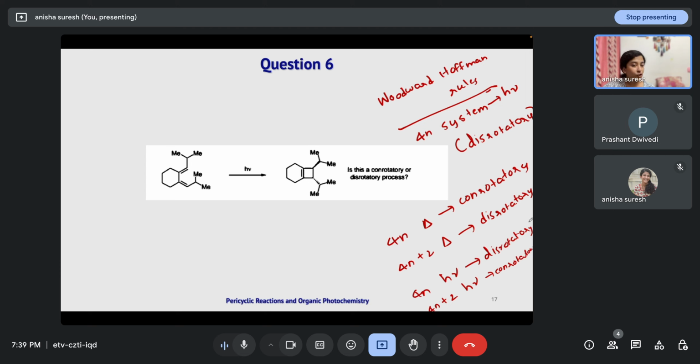So these are the Woodward-Hoffmann rules that we have to keep in mind. So here this is a 4n system, and the given condition is h nu. So it is undergoing a disrotatory process. So we can just ignore the product that is given, and we will see, just with the starting material and the condition, whether the disrotatory process is giving this as the final product.